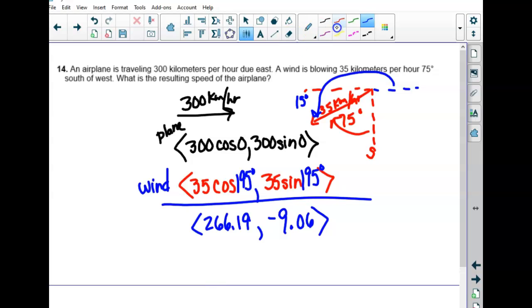This question only asked for the speed, but do we have the speed yet? What does the speed require that we do? Yep. And why am I ignoring the negative? Because once I squared it, it would become positive anyway, so I don't want to have to do a bunch of parentheses.